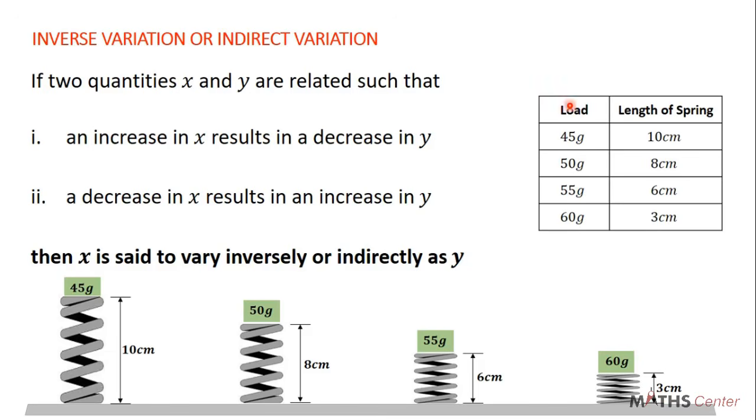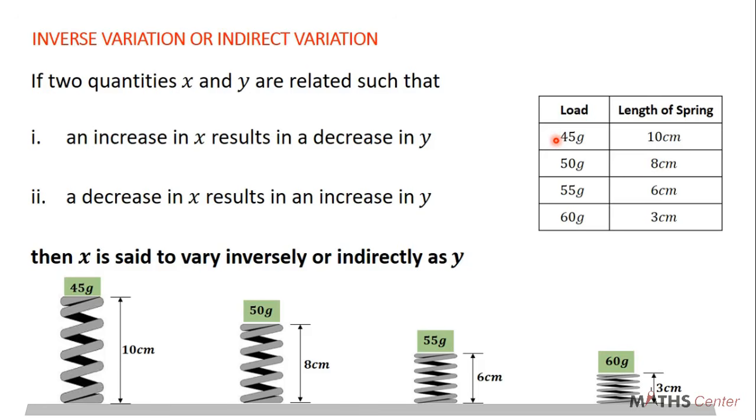So if we draw this simple two-column table with the load on one side and the length of the spring on the other, we can see clearly from this table that as the load on the spring increases, the length of the spring reduces or decreases.